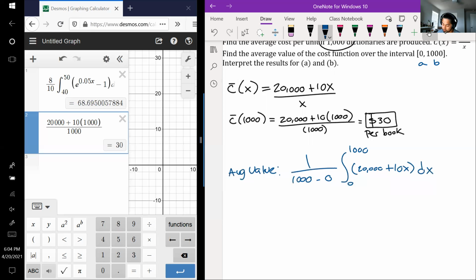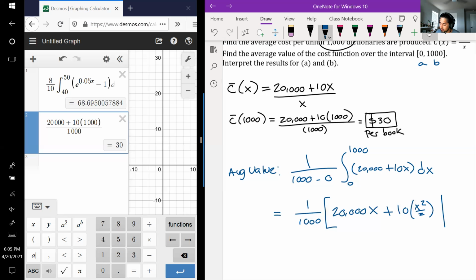So the fraction 1 over 1,000 minus 0 is 1 over 1,000. Put a bracket to be neat. And now we can find the antiderivative of the function. 20,000 is a constant, so its antiderivative is going to be 20,000x. Plus the antiderivative of 10x is going to be 10 times x squared over 2.